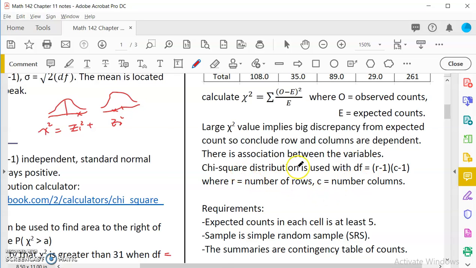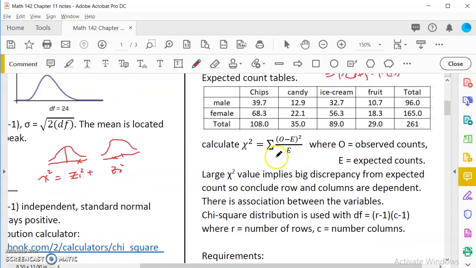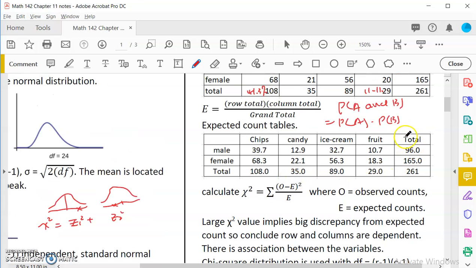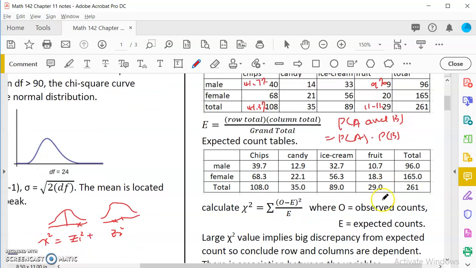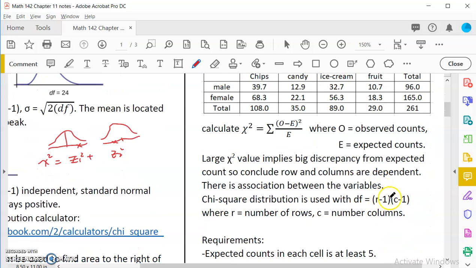And for the chi-square distribution for testing these kinds of tables, of course, you ignore the total column and row. So the degree of freedom is (r minus 1) times (c minus 1), r being the number of rows, c being the number of columns.